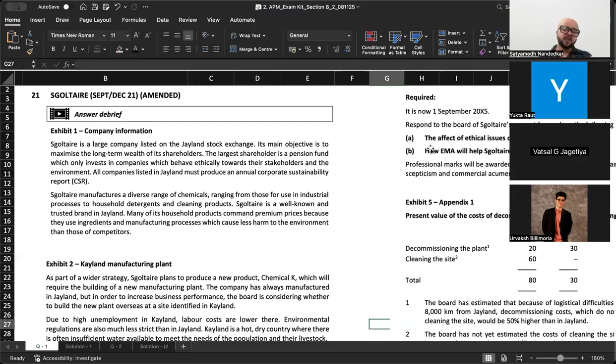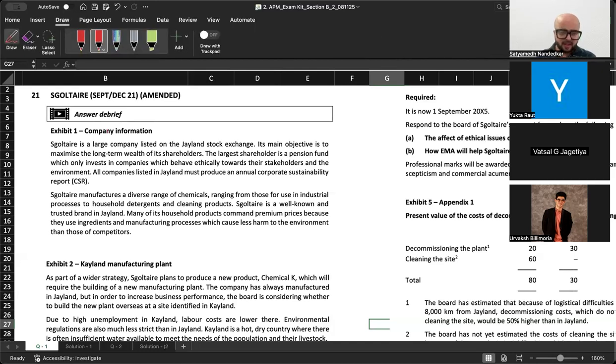Skolitaire is a large company listed on the Jayland Stock Exchange. Let's see if we can underline some critical points. This is listed. Its main objective is to maximize the wealth of shareholders. The largest shareholder is a pension fund, which only invests in companies which behave ethically towards their stakeholders and the environment.